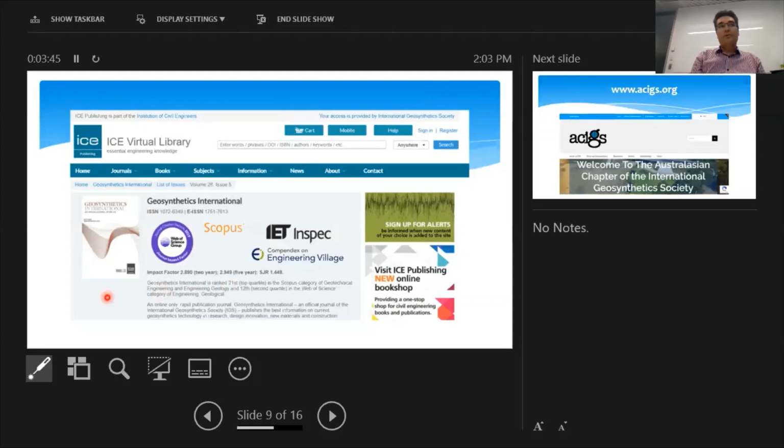There are papers from 1994, I think, on this one, and 1980s for the other journal. Normally 5 to 6 issues are published every year by each of these journals, including state-of-the-art papers and research that is happening in the geosynthetics world.